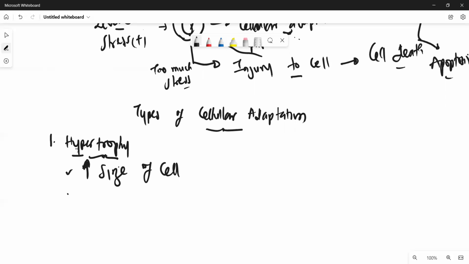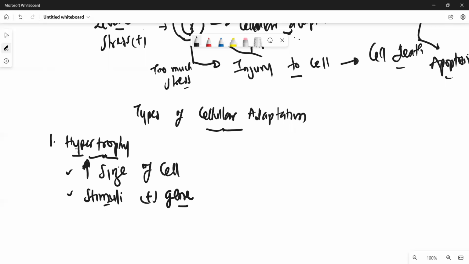And this is due to a new stress level on the cell. As a result, for the cell to be able to deal with that new level of stress, it has to increase in size. So it is usually due to an underlying stimulus. And this stimulus that is causing stress on the cell will activate genes.